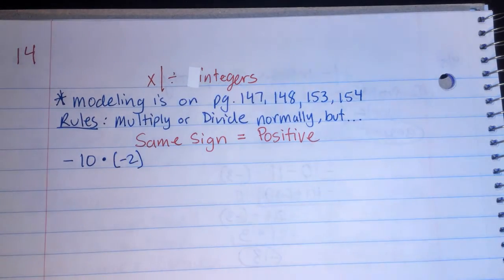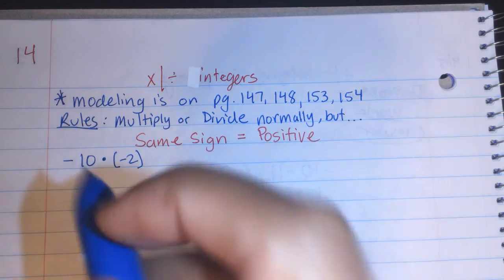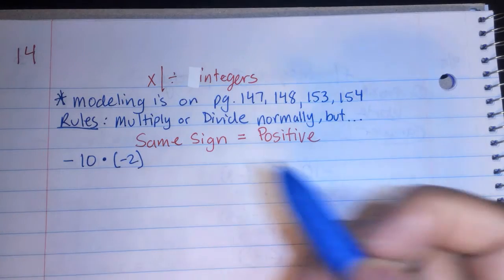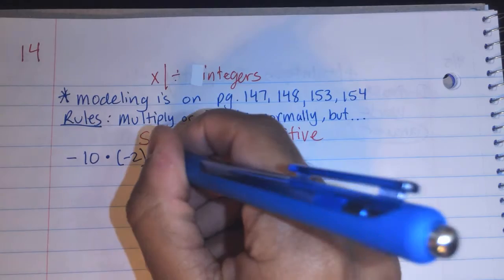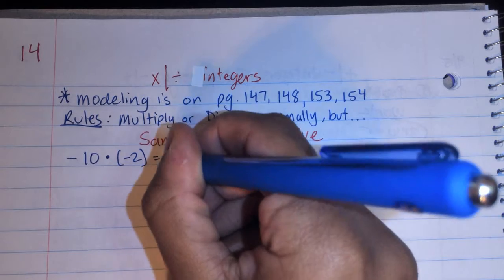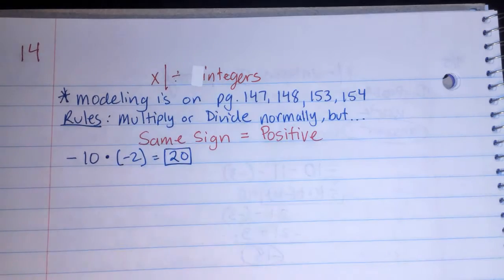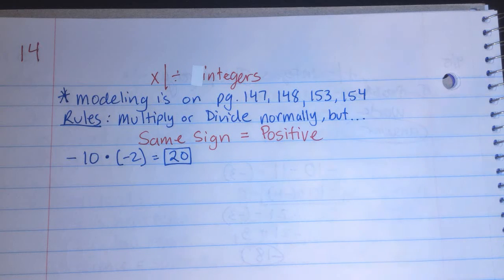Remember the different symbols we talked about for multiplying, dividing, and things like that? So negative 10 times negative 2, multiply like normal, okay? So if I did 10 times 2, I'd get 20 normally, and then since they're both negative, my answer is just positive 20 in that case. So again, multiply or divide like normal, but keep your answer as positive. That's the most important part.